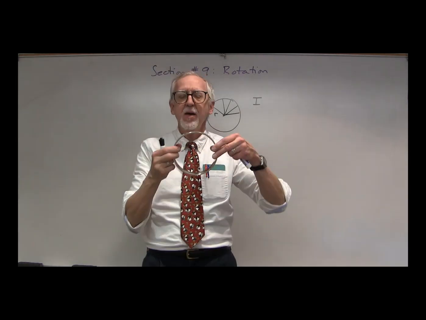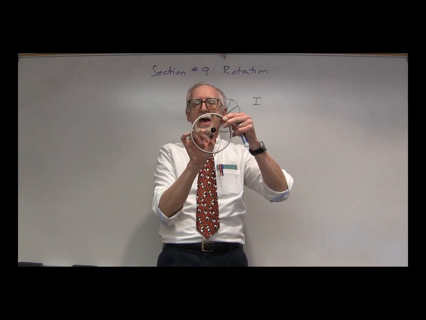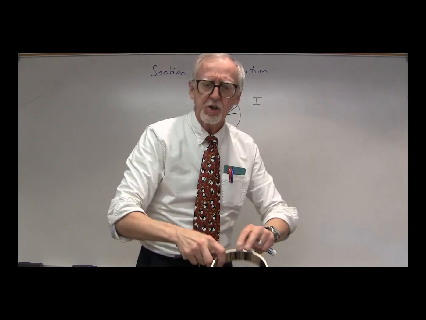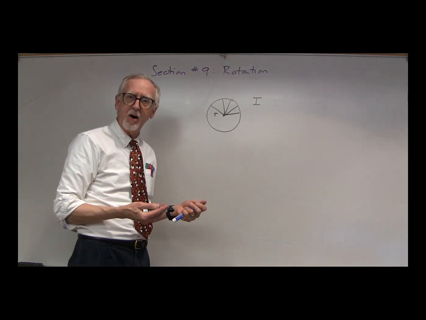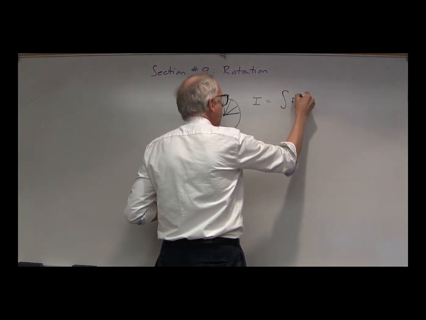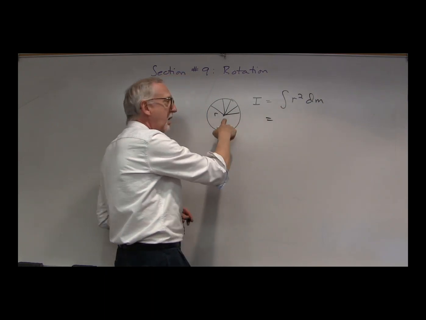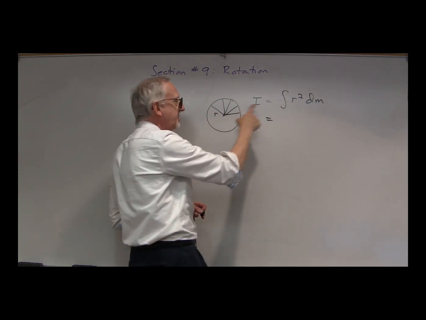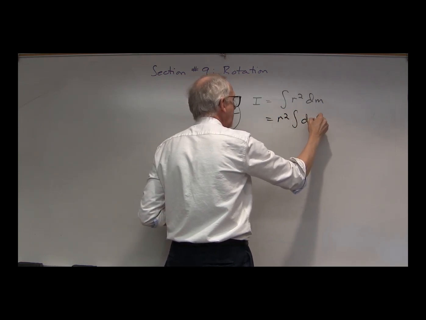So the whole thing has the same value of r. If we wanted to integrate r squared dm, r is constant, the same for every single mass, so we can pull it out: r squared times the integral of dm.